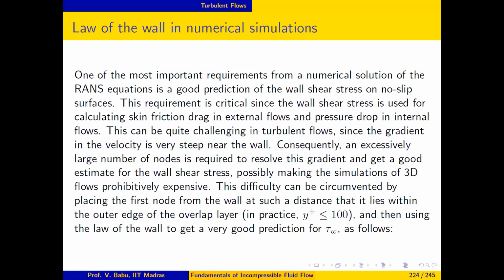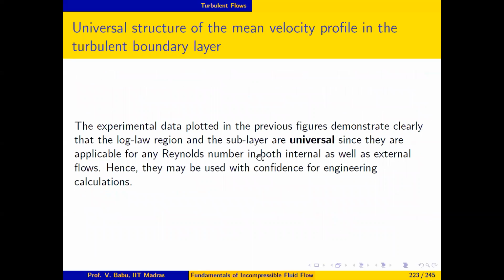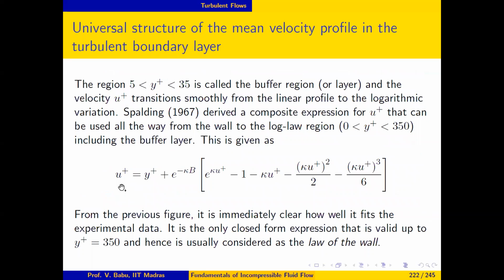Now, it turns out that we can circumvent this difficulty based on our knowledge of the universal behavior of the sublayer and the log law region, in particular, the fact that we actually know the velocity profile in this region through this equation.